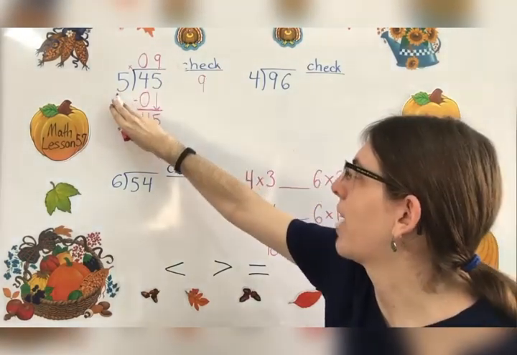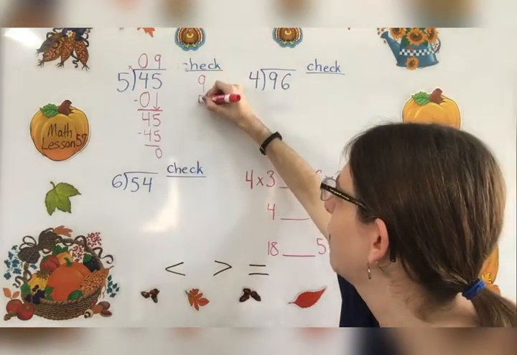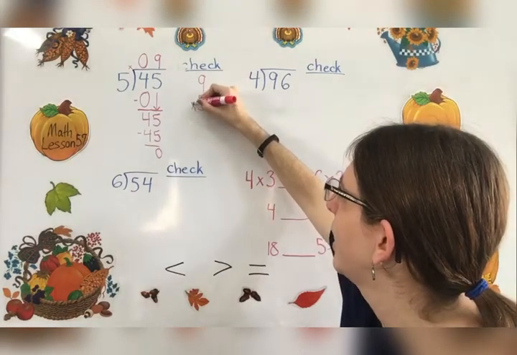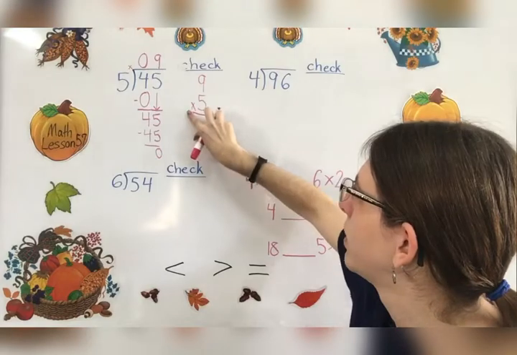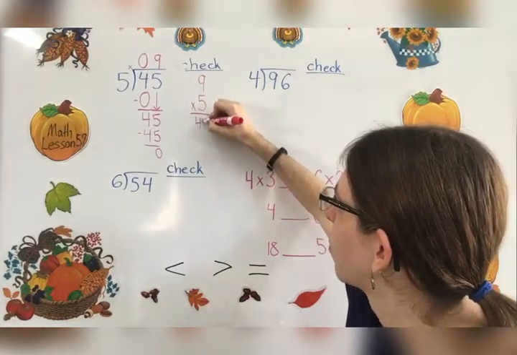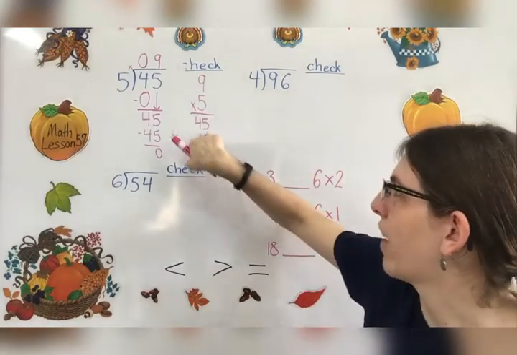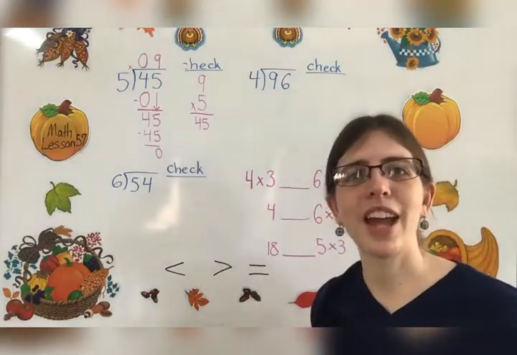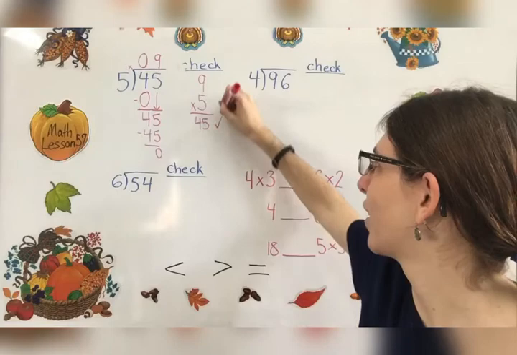I'm going to multiply that by my number here, which is 5. 9 times 5 is 45. 45 matches my number in the division house, so my problem is correct.